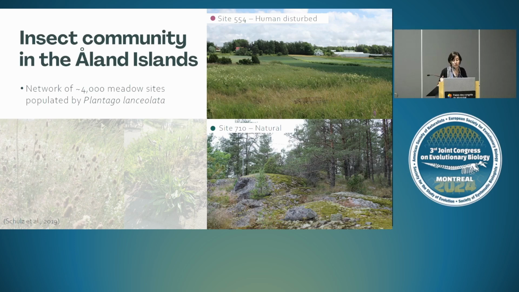One study in 2019 classified everything surrounding those sites. Based on this description, we can categorize those sites as being surrounded by human disturbed areas or natural areas. Human disturbed areas have, for instance, agricultural fields or buildings, while the natural areas are surrounded by forests or rocks.